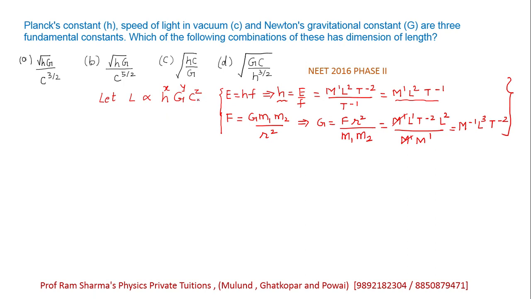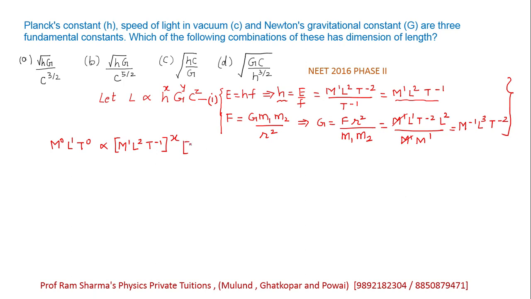Let us substitute the dimensions and I will call this equation as usual as equation number 1. Now the dimension of left hand side is M0 L1 T0, whereas the dimension of Planck's constant is M1 L2 T minus 1 and the power is x.